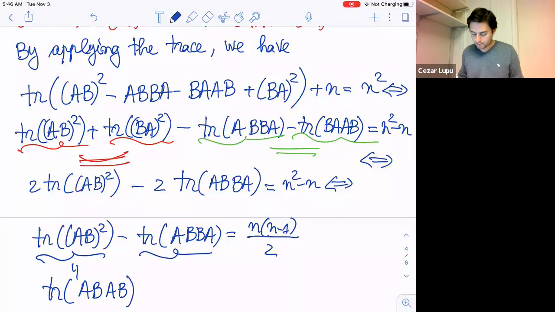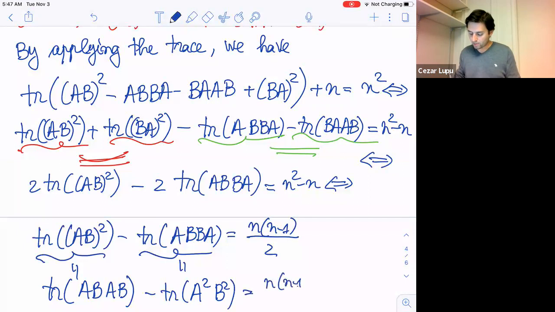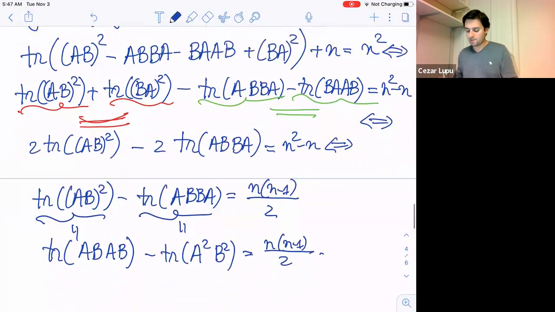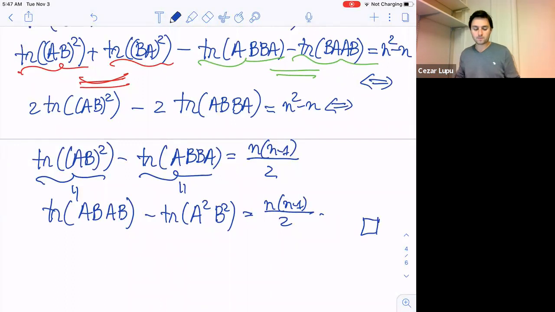And this guy here is the trace of, because the trace, you know, when you commute this, you can move A in front of it, so it will be the trace of, you can move the A on the last A, or you can move it on the left, so this would be the trace of A squared B squared, which is exactly what we wanted to prove, and that's the end of the problem.